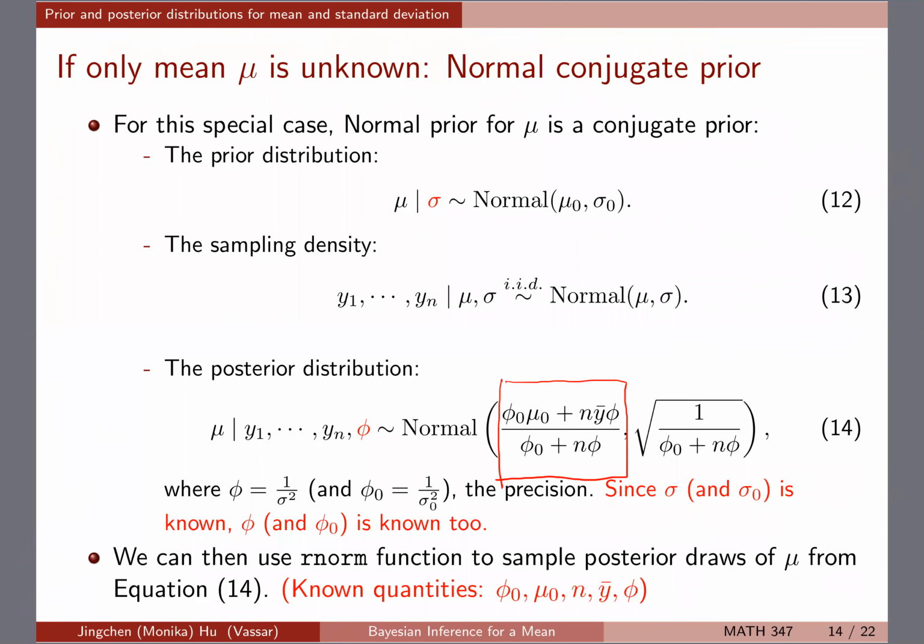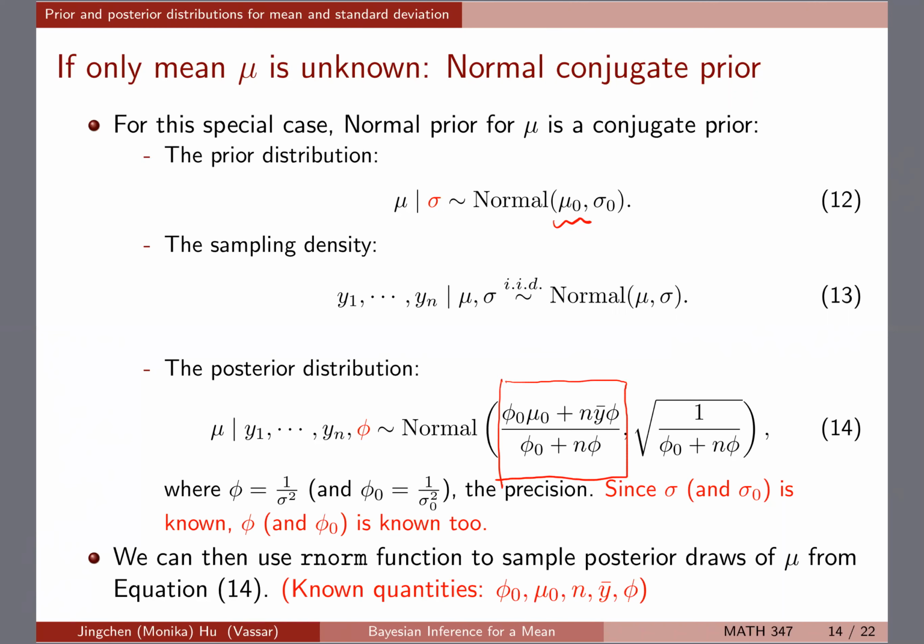In the beta binomial case, I showed you that the posterior mean is a weighted average of the prior mean and the sample mean, right? So I want you to do the same practice here. Obviously, the prior mean is this, right?